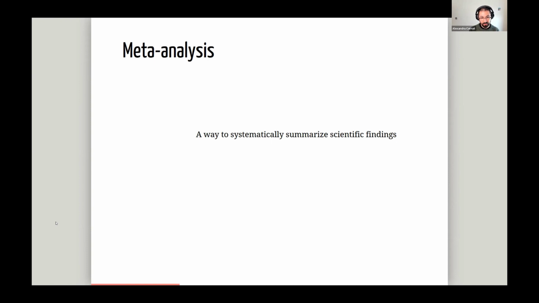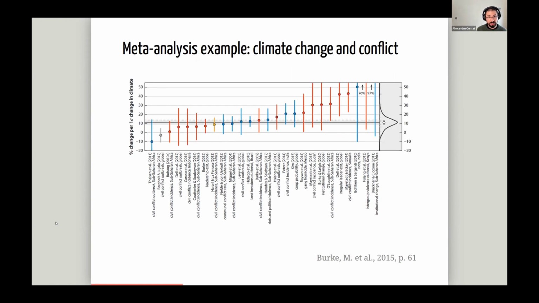The way this is done is that we systematically search for all the articles on that topic, and then we try to see what the overall pattern is. The intuition here is that each study might be slightly biased in one direction or another, but if we look at multiple studies, we will see the real pattern, and we see if there's a relationship or not in the data. So let's look at an example.